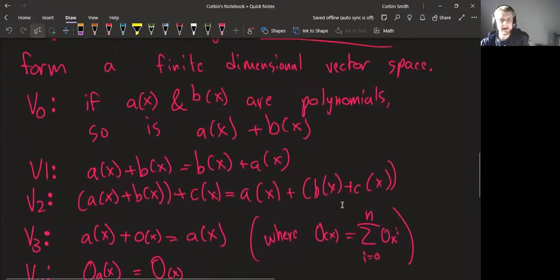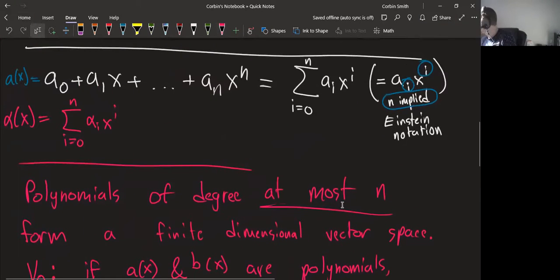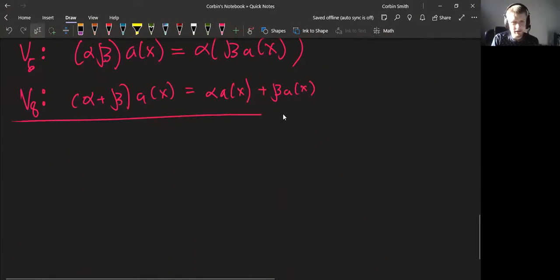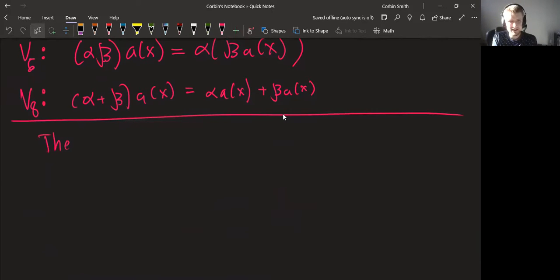All right, so the nice thing about vector spaces is, let's take an example of the plane. The plane is a 2D vector space.